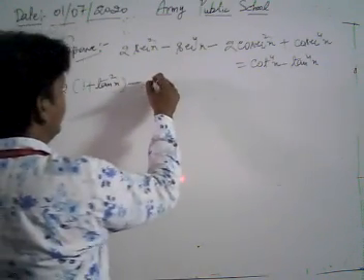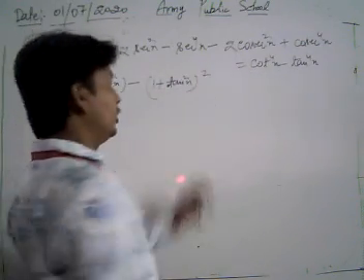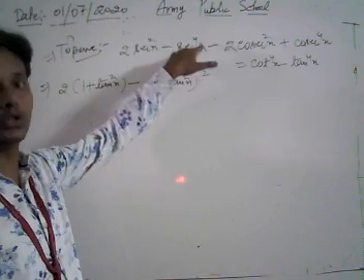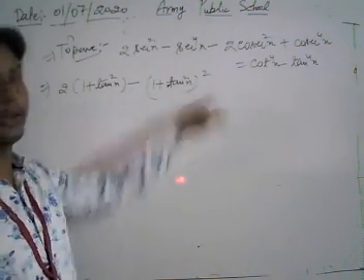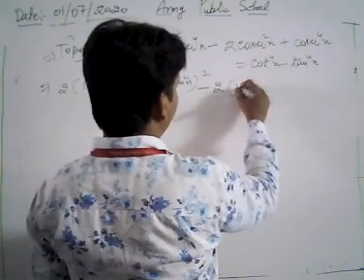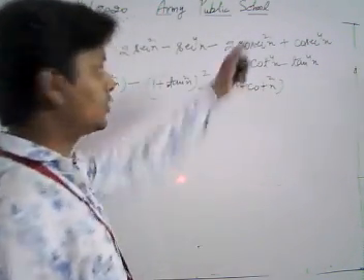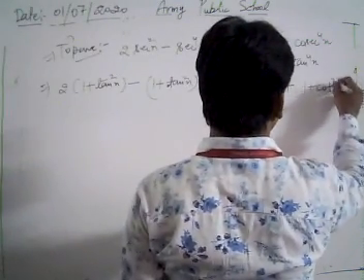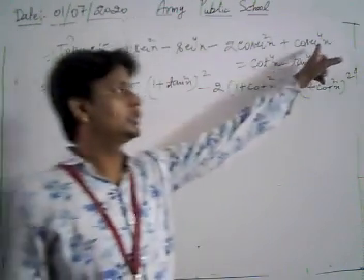Here we have 1 plus tan square x whole square, meaning sec to the power 4x, so we write sec square x whole square, and sec square x is 1 plus tan square x. Minus 2, here we write 1 plus cot square x, and 1 plus cot square x is cosec square x, plus here the same, 1 plus cot square x whole square, that is cosec to the power 4x.